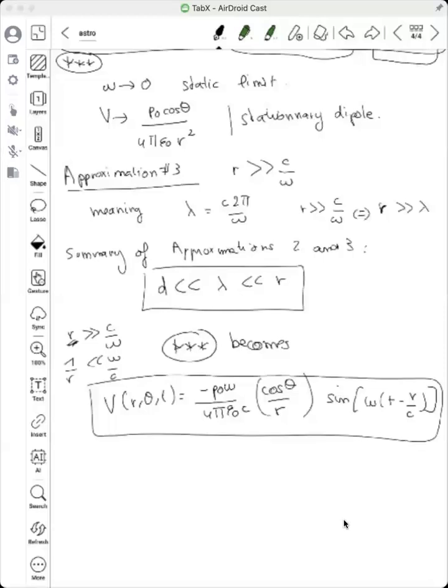Resume. Okay, so I'll tell you what I want to reach in these 40 minutes. We've derived a simplified version of the potential emitted by a moving dipole, and now we will want to derive the vector potential.